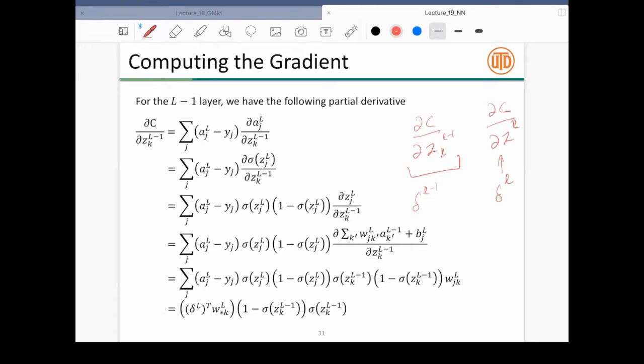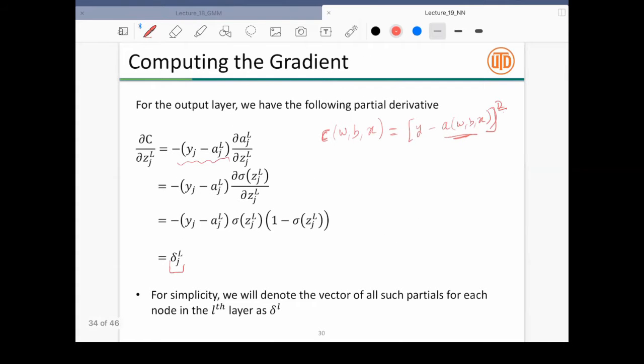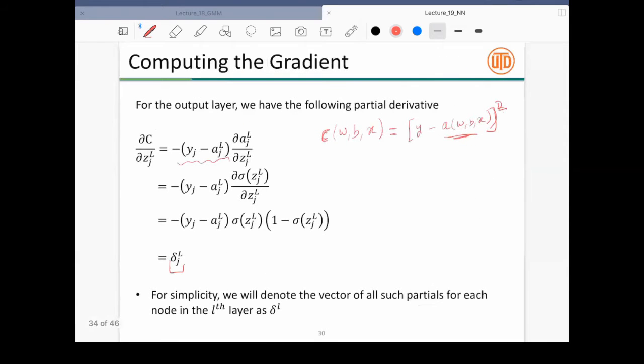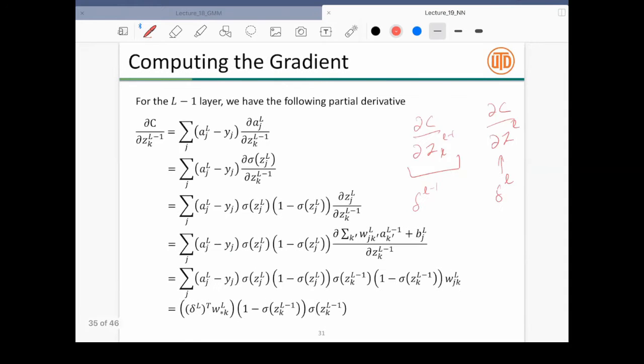How do we compute this? This is nothing but the gradient of layer capital L. This term we already saw: it is (y_j minus a_j^L) multiplied by the sigma derivative of a_j^L with respect to z_j. And the reason we have this sum over here is because the function recursively has this sum over j.